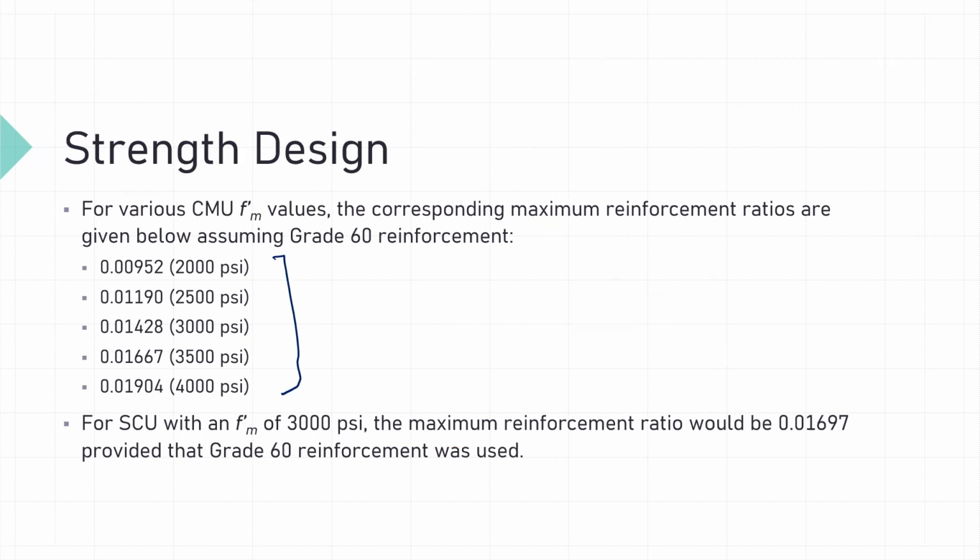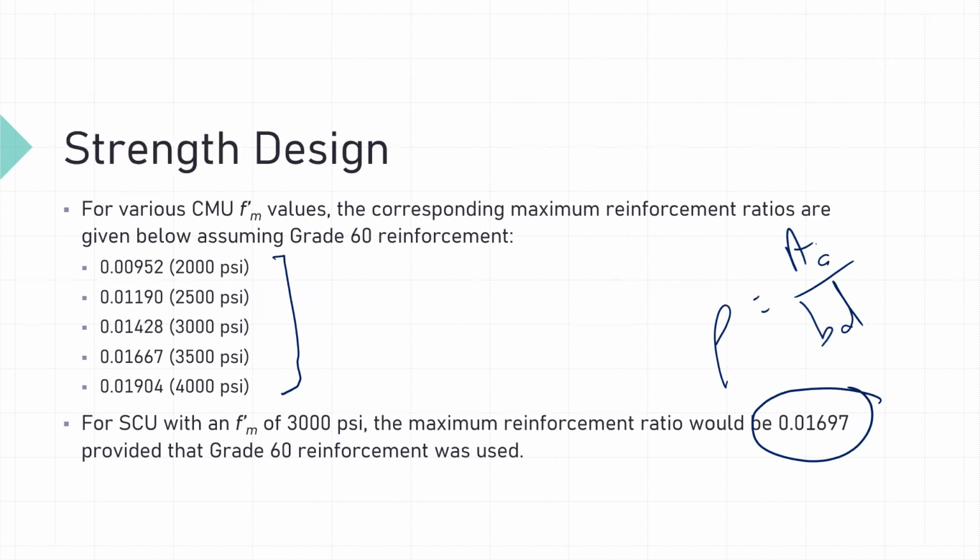So for 2000 psi, which would be our minimum that we're going to use in design, 0.00952 would be our maximum reinforcement ratio. And again, our rho is typically going to be our area of steel divided by b times d. If we had a structural clay unit with an f'm of 3000 psi, the maximum reinforcement ratio would be 0.01697.